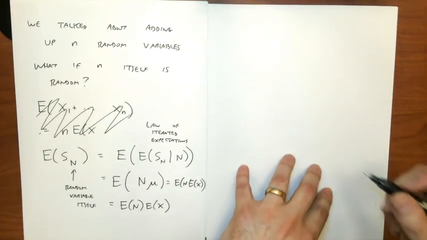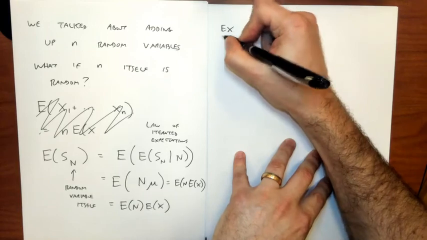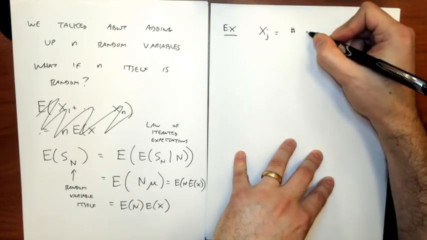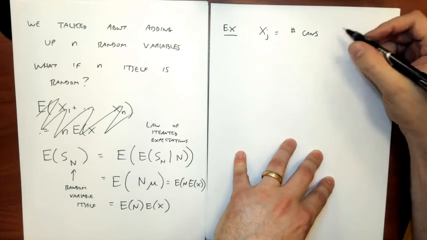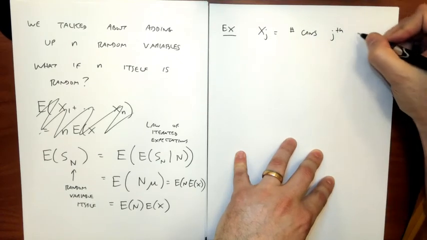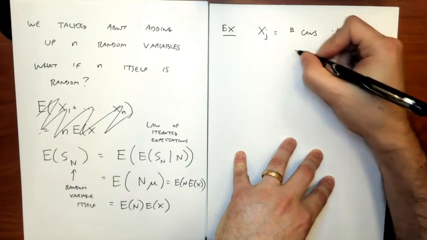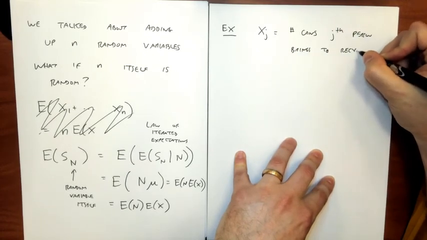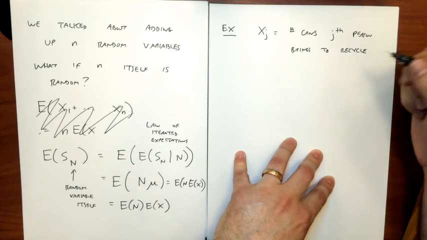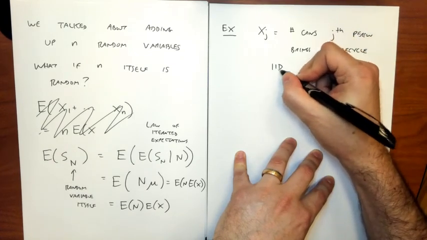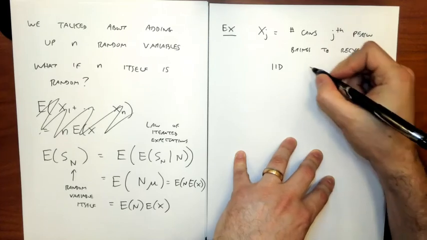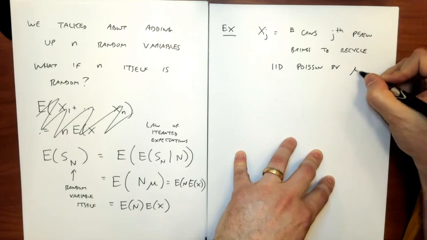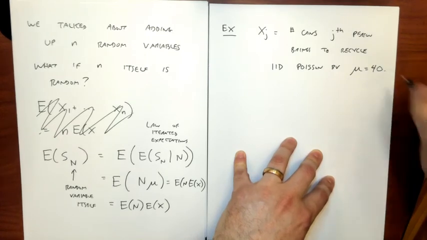So to make this a little more concrete, let's say that xj is the number of cans that the jth person brings to the recycling bin. And let's suppose this is IID, meaning that every person has the same distribution, and that it's a Poisson random variable with mean 40, okay?